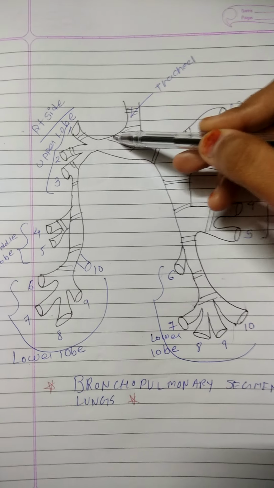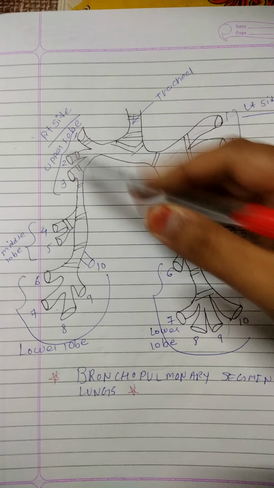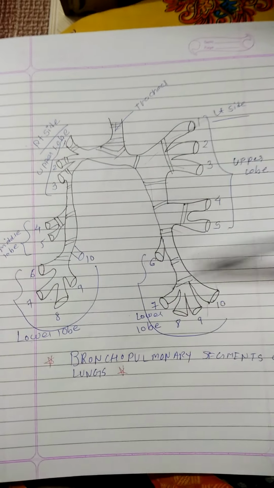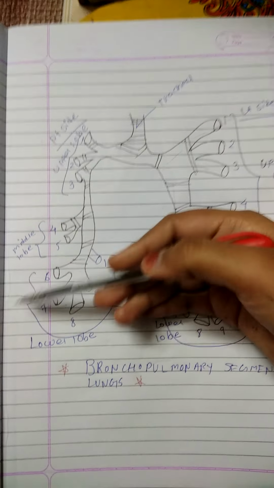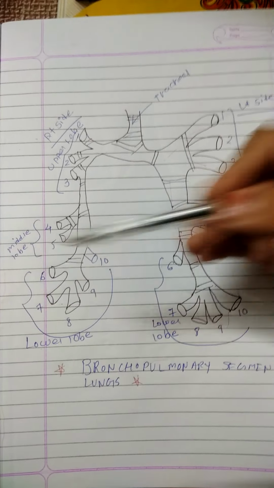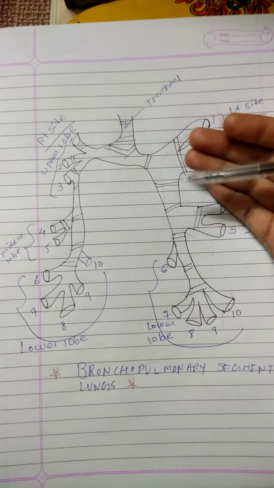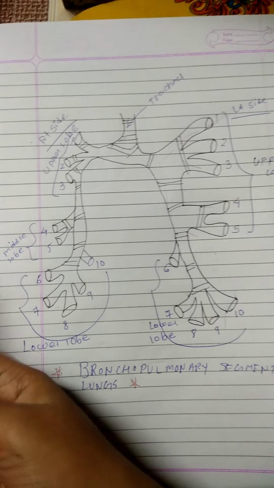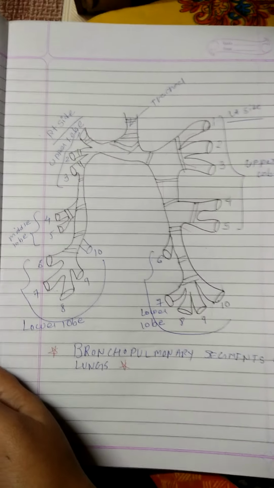The primary bronchus divides into the secondary bronchus, and the secondary bronchus is divided into the tertiary bronchus. So these all are tertiary bronchi. There are 10 segments on the left side and 10 segments on the right side. Each tertiary bronchus supplies a single segment of the lungs. So this is about the bronchopulmonary segments of the lungs.